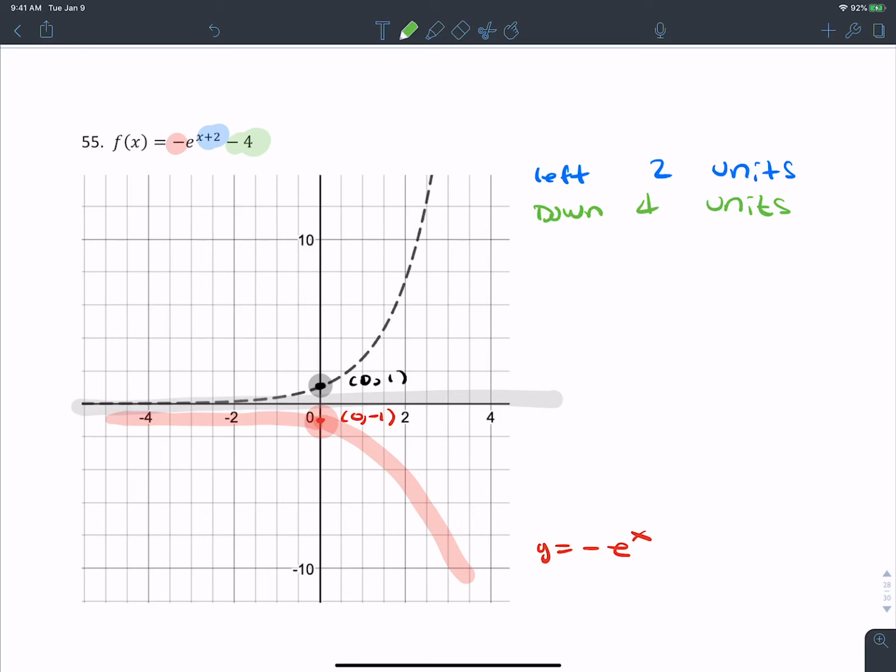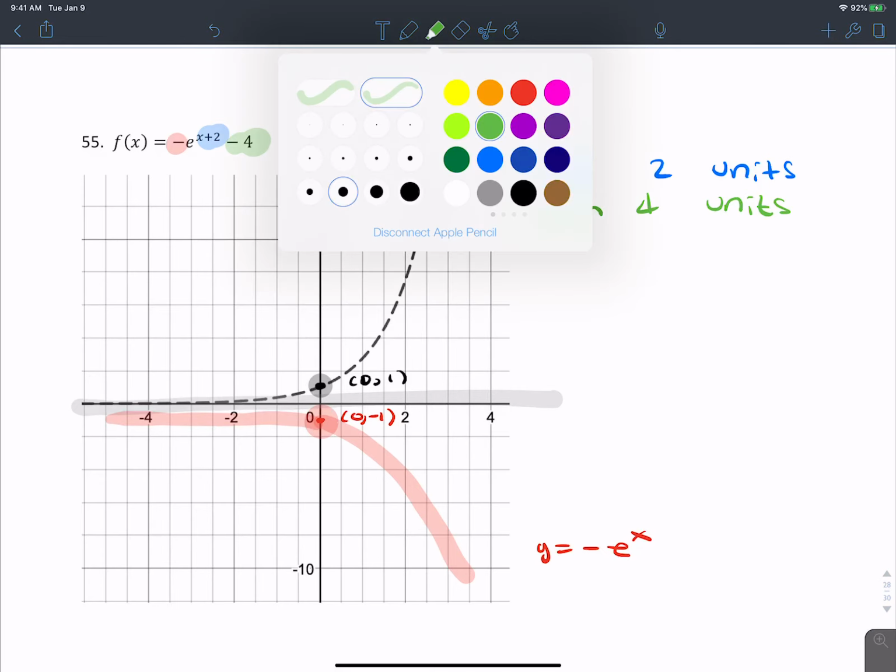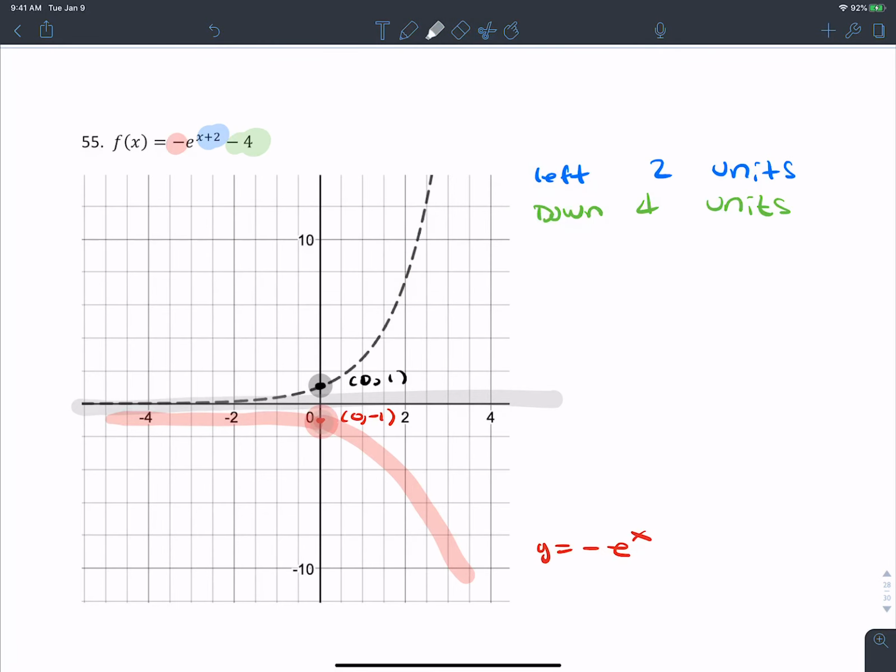So I'm going to take that original reference point. Let's see if we can find it here. Okay. That's going to go to the left 2 units. And so you might say here it goes 1, 2 units to the left, and it's going to go down 4 units now from that reference point. So going down 4 units, let's remember these lines here.